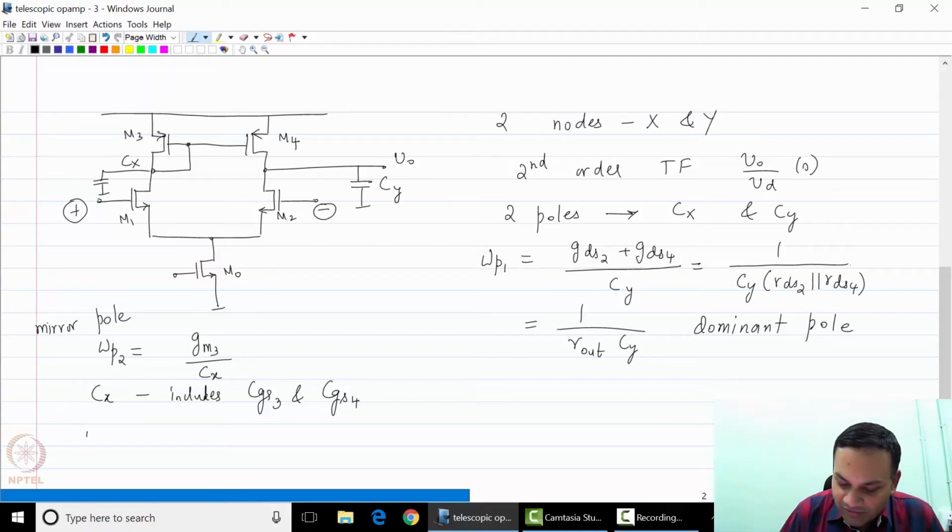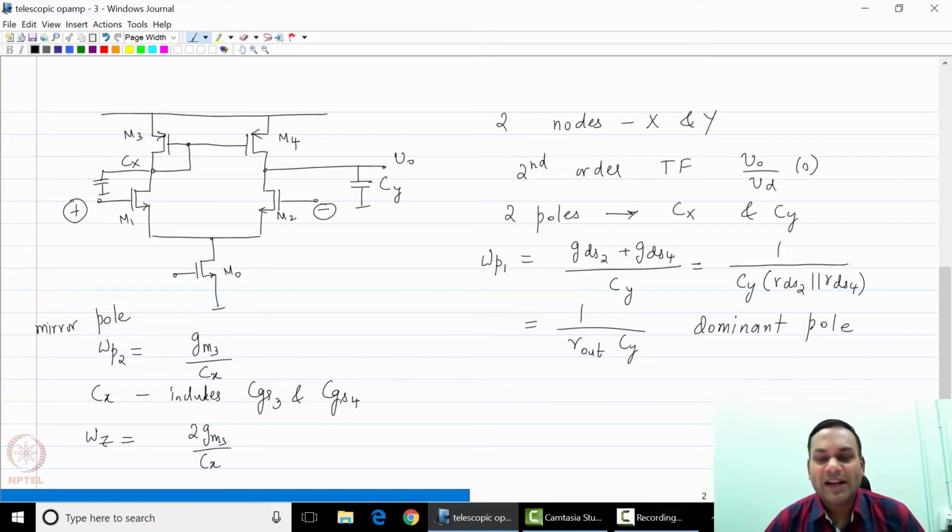Now apart from this, we also got a 0 whose magnitude was 2GM3 over Cx. Just a reminder that in reality all of these were left half plane poles and zeros, so even though I was writing the magnitude all this while, I will now add the sign to indicate that they are LH, left half plane poles.